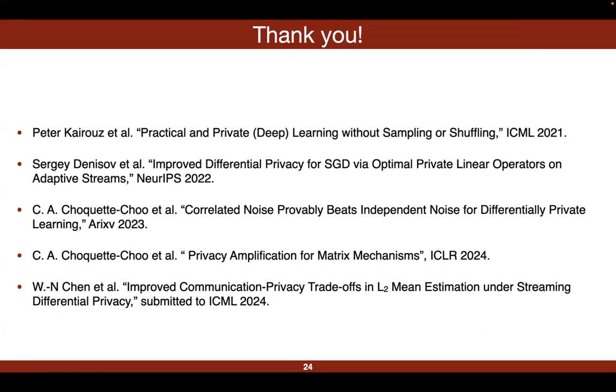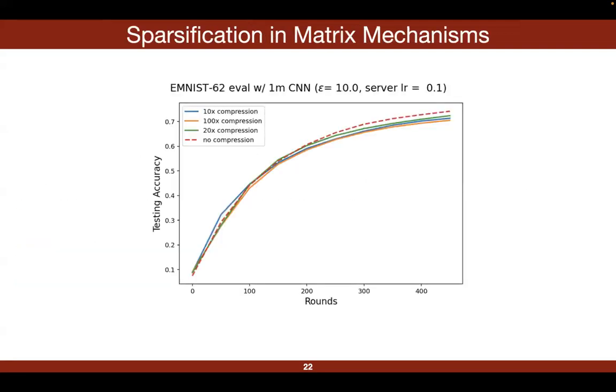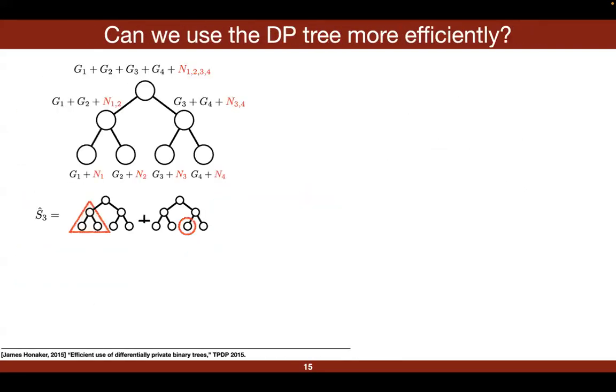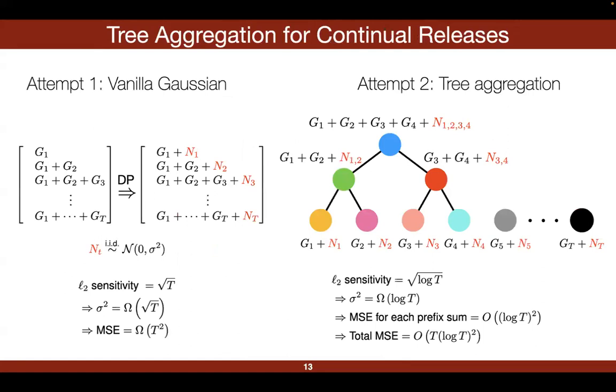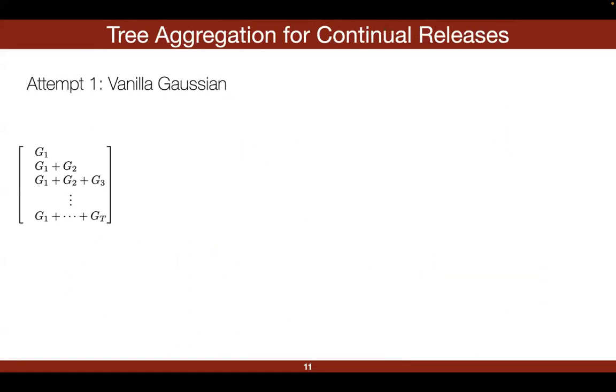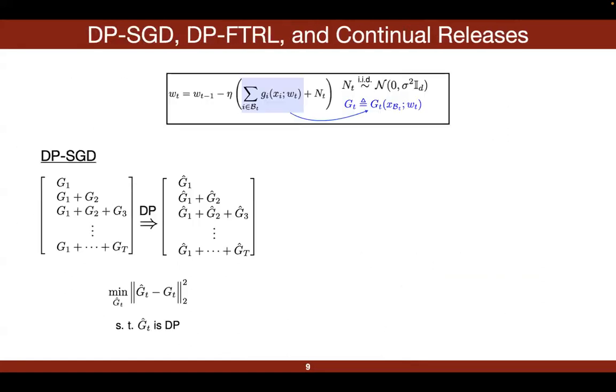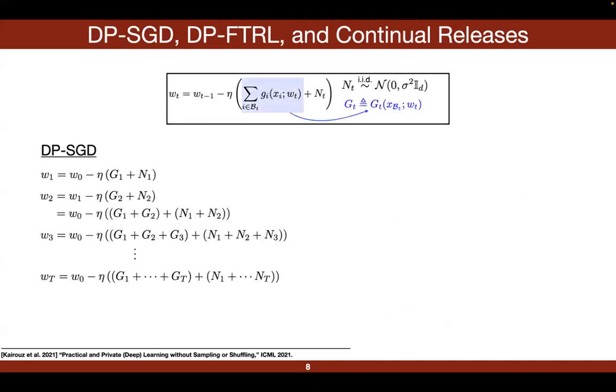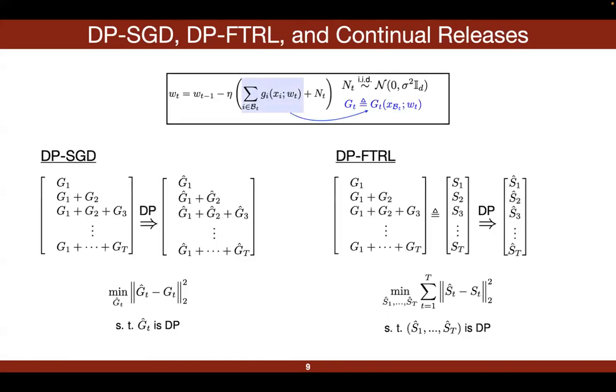But I would say it's not an apples-to-apples comparison, because for the matrix mechanism, what we care about is the cumulative error. It's not per epoch error anymore. As I wrote here, what we care about now is the cumulative error on the previous side, while DPSGD is more like we are optimizing with respect to the per run gradient estimate.